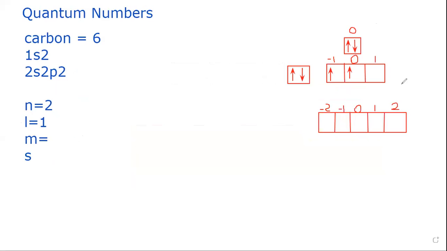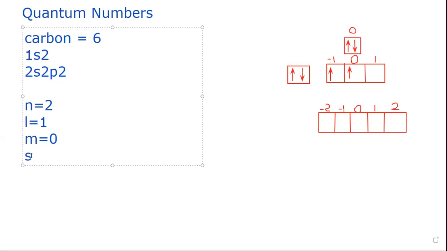And these are the orbitals, the boxes that you have here. So in this case, where did you place the last electron within P? Remember that this represents P. In which box number do you place the last electron here? 0. So M equals 0.